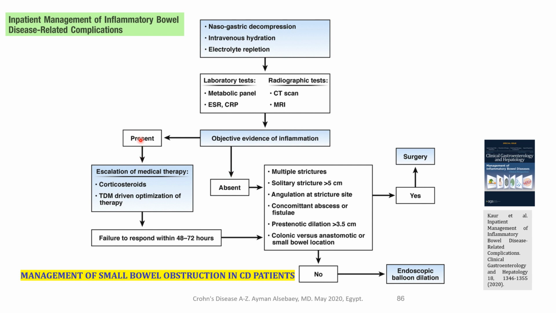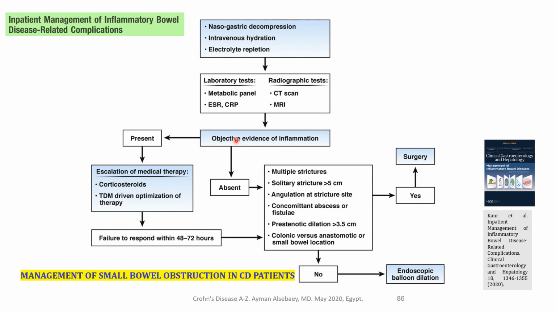If there is inflammation and there are no symptoms of peritonitis or perforation, I will try to give treatment like corticosteroids or TDM-driven optimization of the therapy. Okay, if the patient did not respond to corticosteroids within 2 or 3 days, we will shift to surgery.